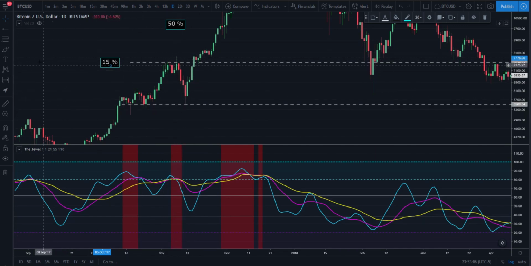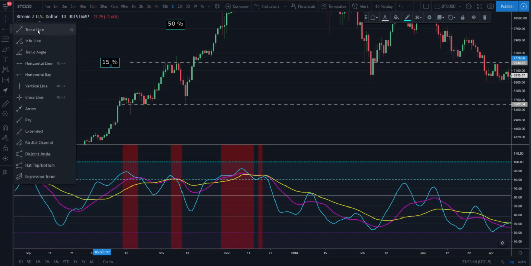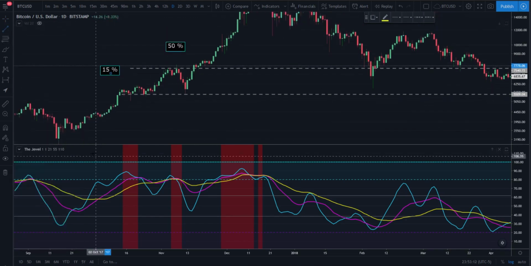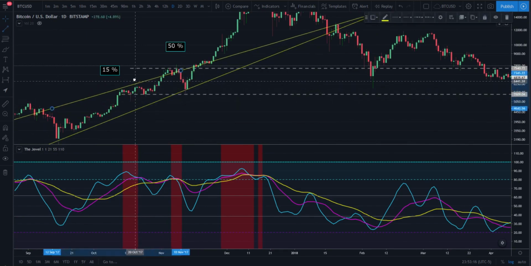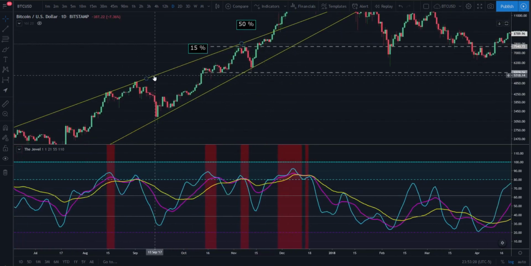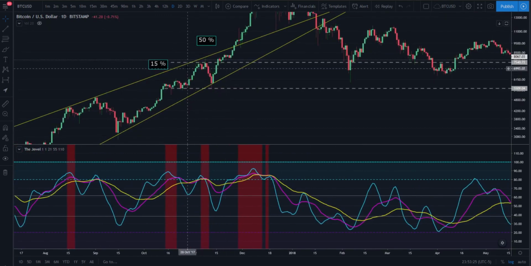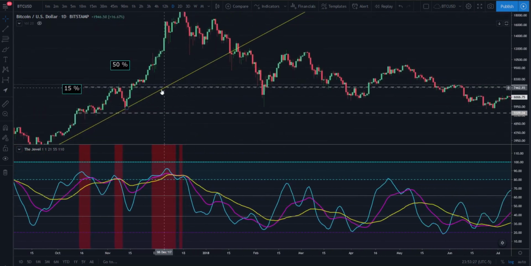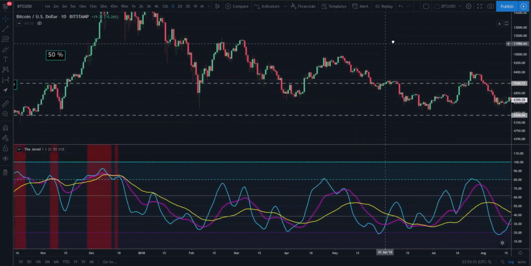Let me see if I can find an example. You can have something like this, a channel. Okay. At the end of the day, all the patterns have exactly the same idea behind them, right? Which is actually, that's actually a rising wedge. Well, anyway, let me see if I can find a good one. That's not a good example there. Yeah, okay.